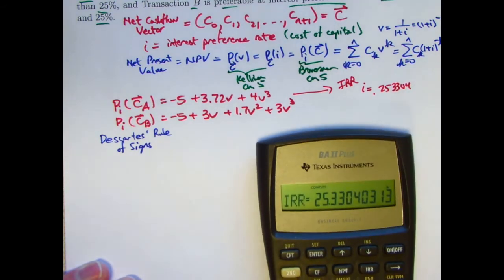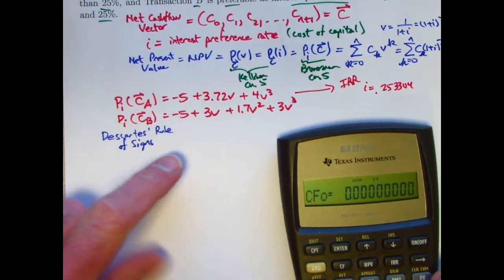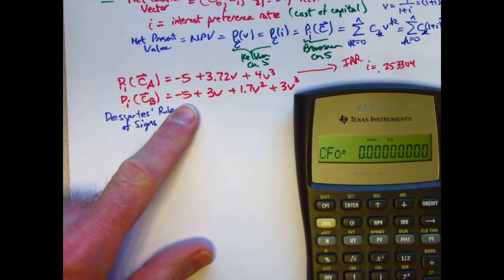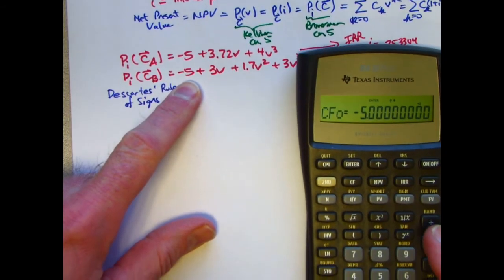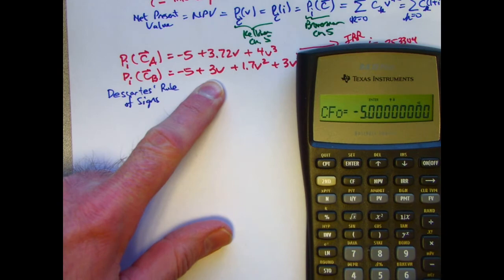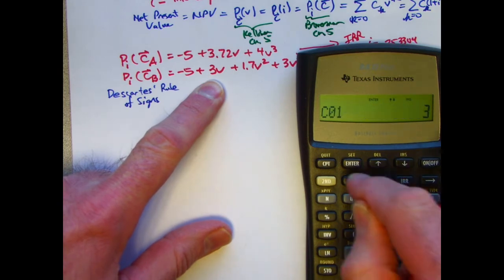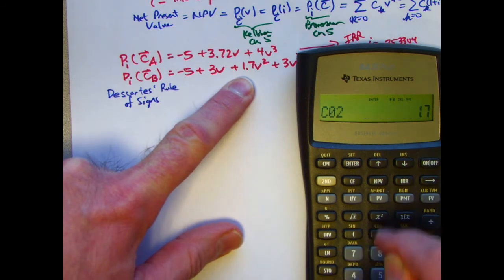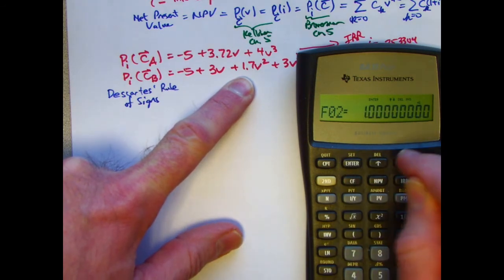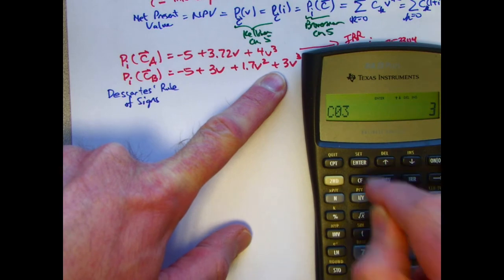Okay, on to transaction B. I could have kept the -5 the same at time 0. Enter that. 3 at time 1. Enter that. 1.7 at time 2. And 3 at time 3.